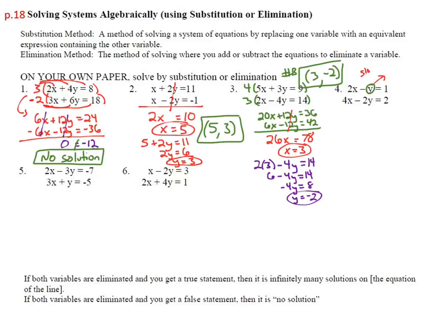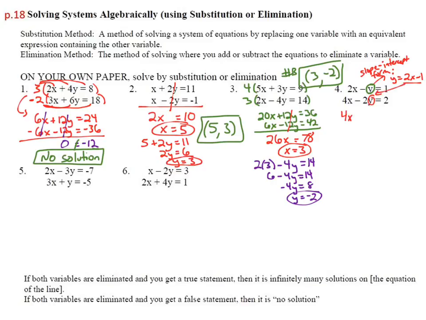Let's put it in slope-intercept form, solving for y, and then we can easily substitute. So when we switch it to slope-intercept form, we're going to have y equals 2x minus 1, which is what we're going to plug into our second equation where we see y.